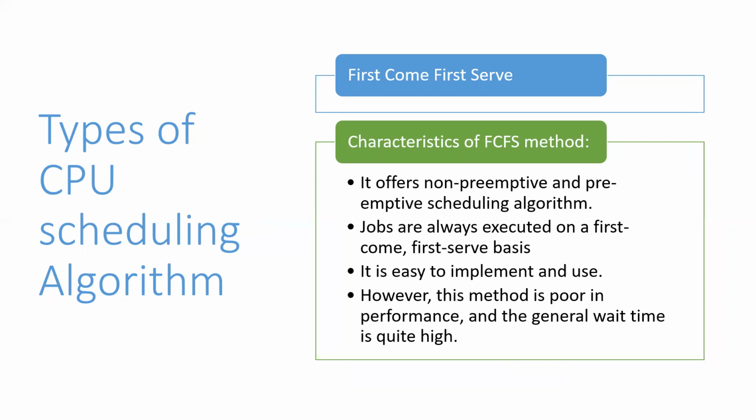As a process enters the ready queue, its PCB, or process control block, is linked with the tail of the queue. When the CPU becomes free, it should be assigned to the process at the beginning of the queue. So these will be the characteristics of the FCFS method.